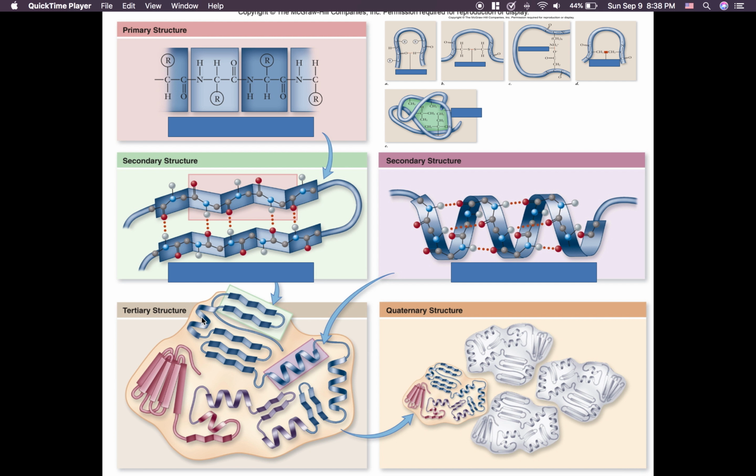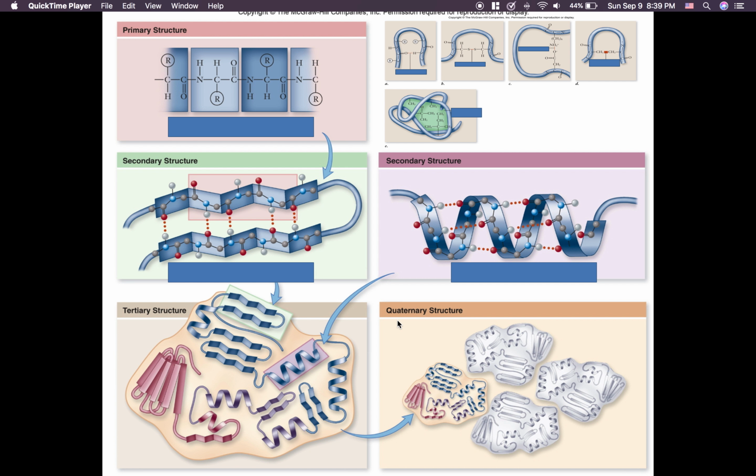Ionic bonds will form between charged amino acids and charged R groups, so within the polymer. However, there can be covalent bonds between two sulfate atoms that happen to join together between R groups. This disulfide bond can be very strong.